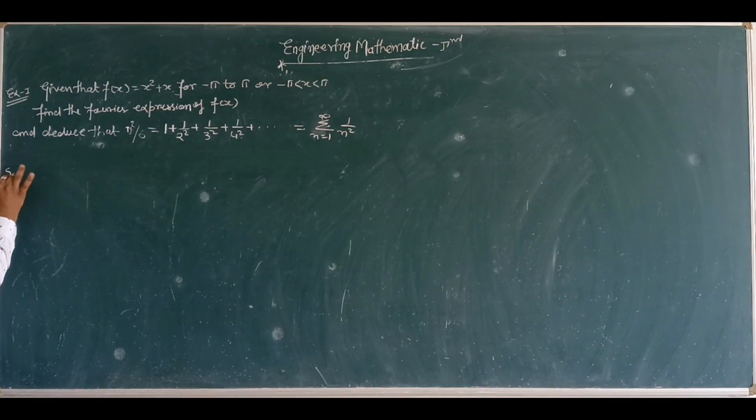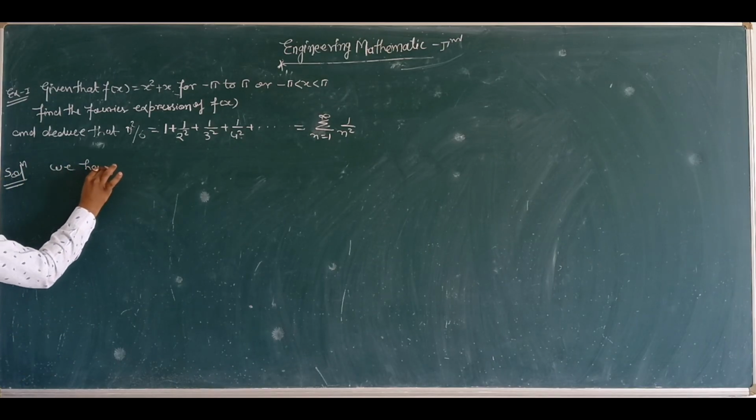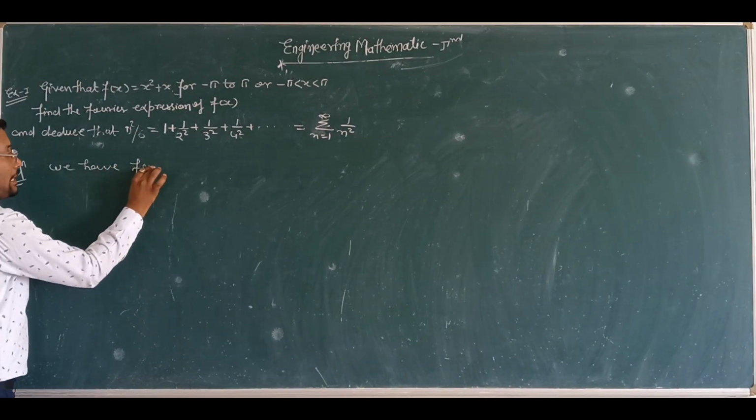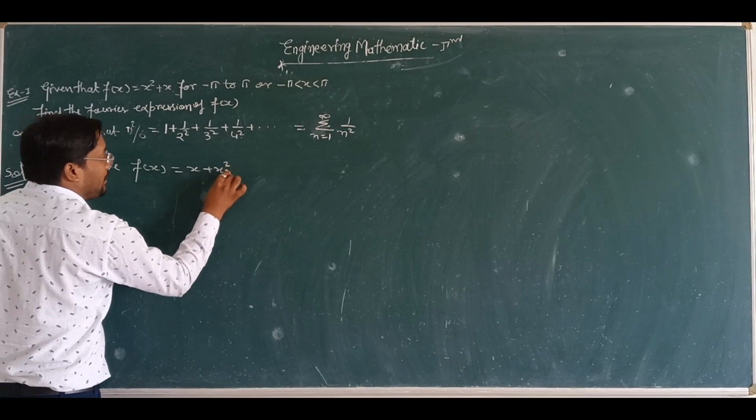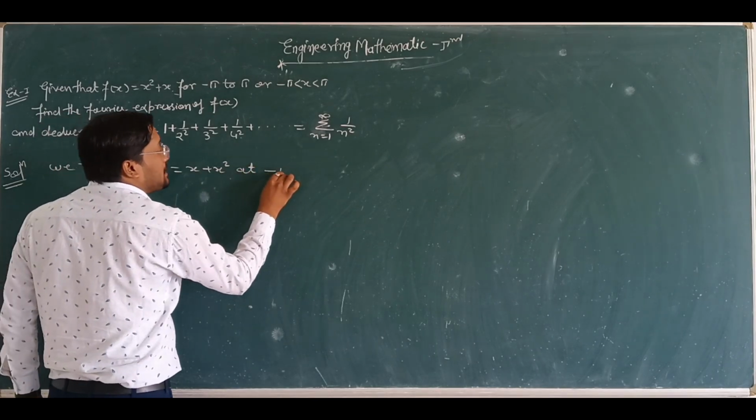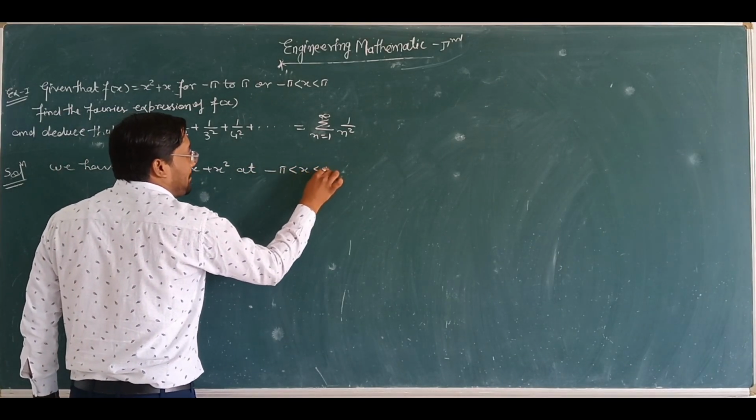Now you can note down the solution of this problem. We have f(x) is equal to x plus x square, for minus pi less than x less than pi.